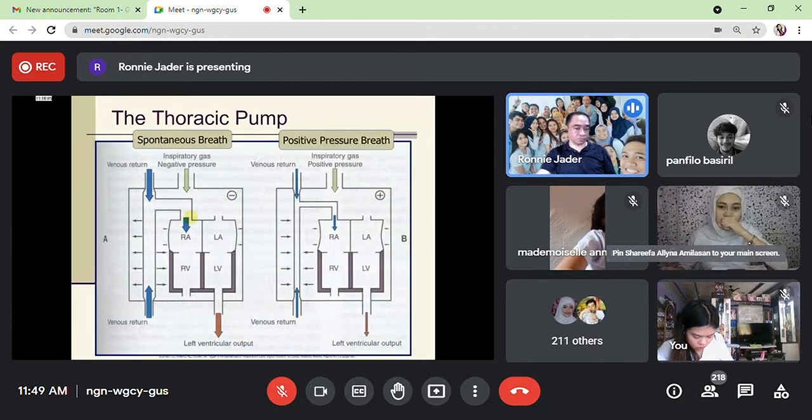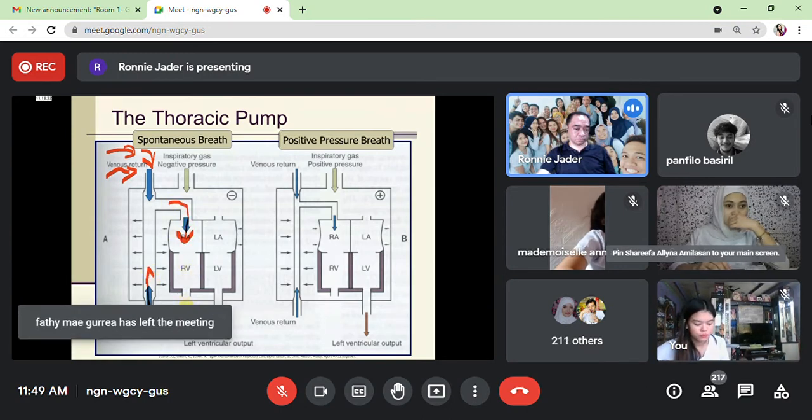Here's another way to view this. All right, so you can see here we're enhancing venous return with spontaneous breathing. Because we've got this negative intrathoracic pressure, we enhance that venous return, enhancing right atrial and right ventricular output.